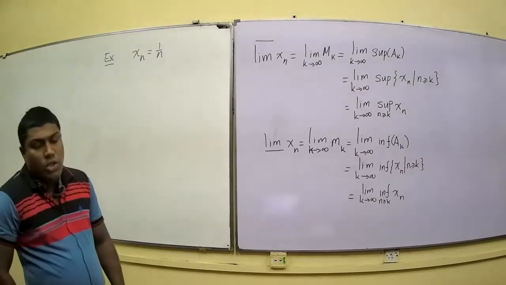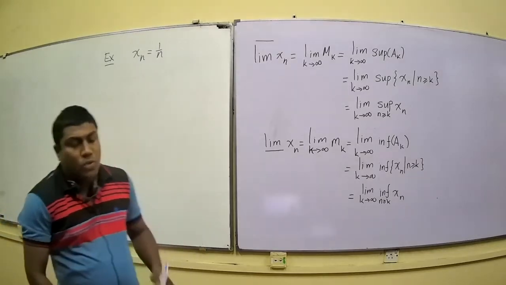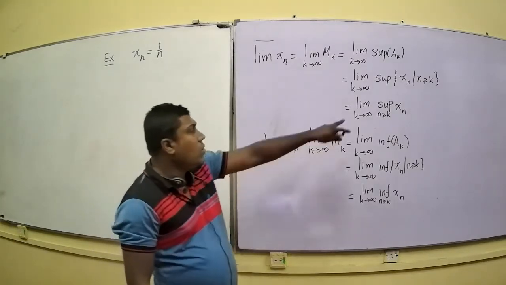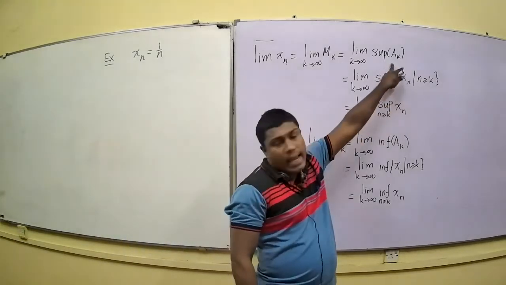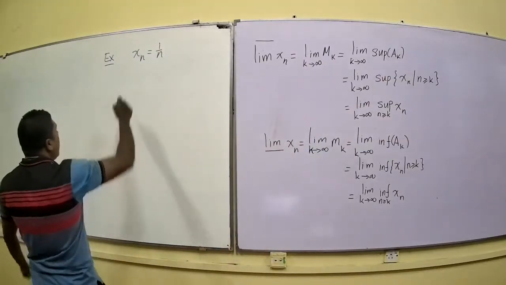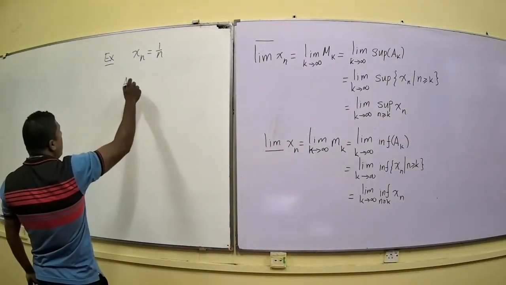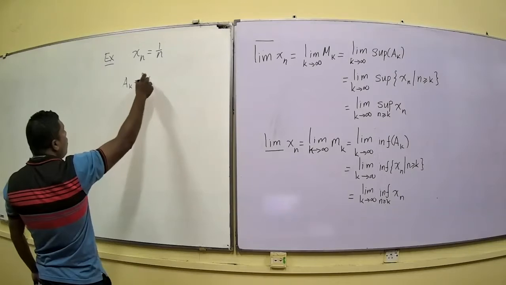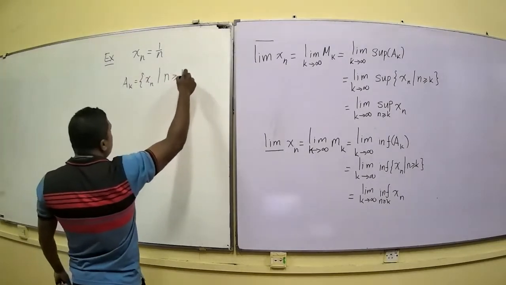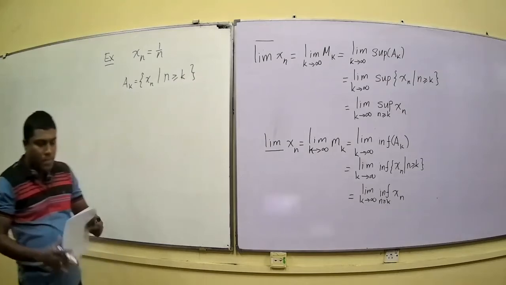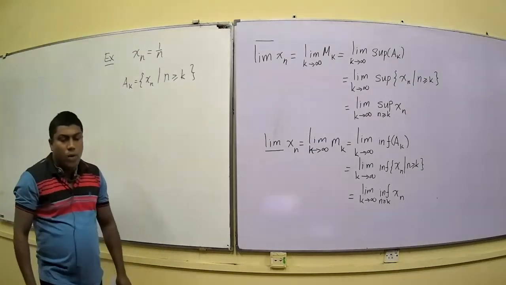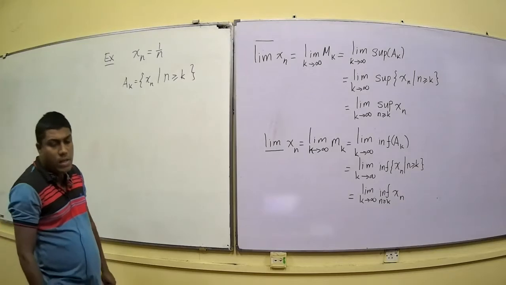Then to find the lim sup and lim inf, you have to find the set AK. AK is the set of all xn such that n is bigger or equal to k.